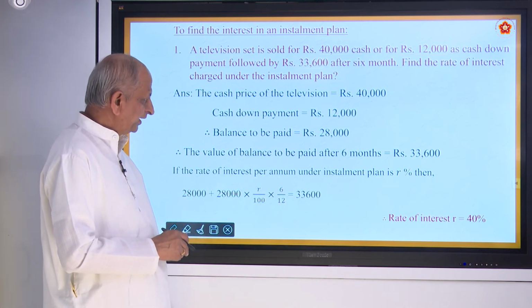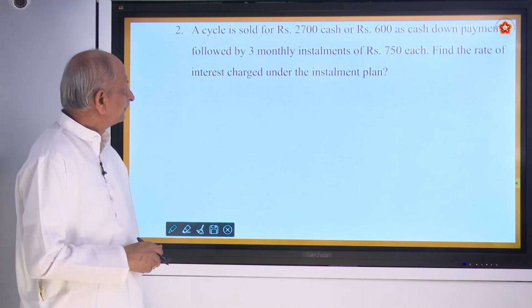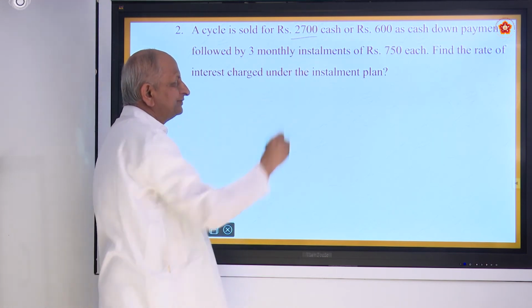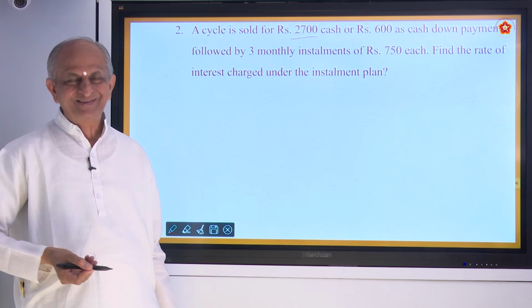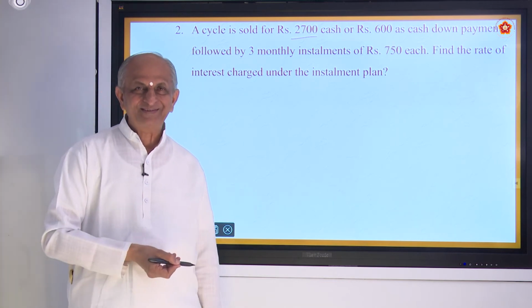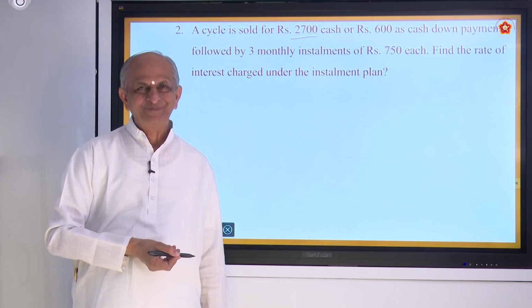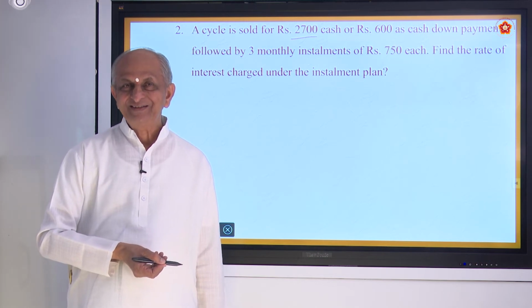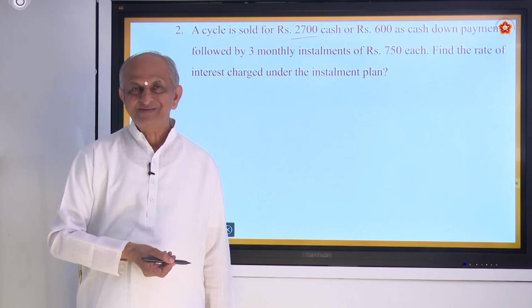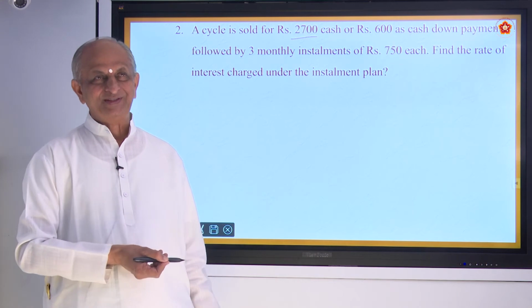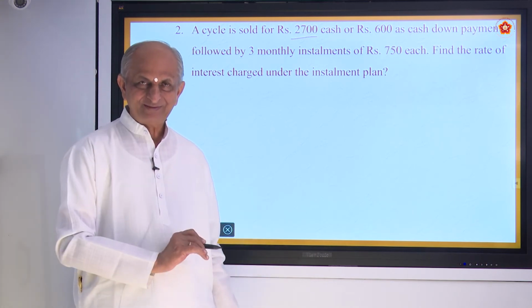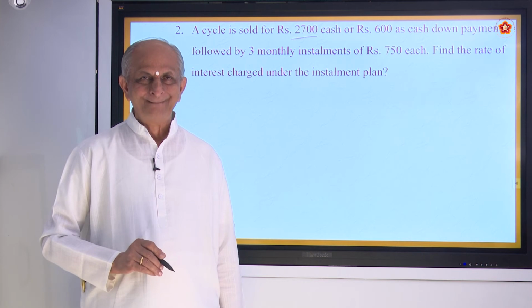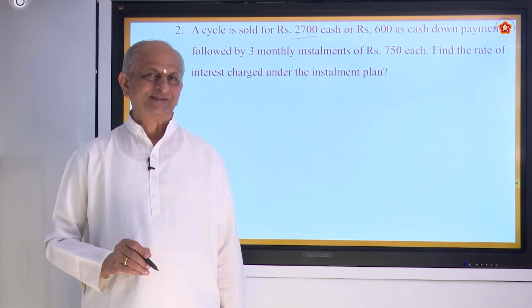Now come on to the second example. A cycle is sold for rupees 2,700. When you say cycle, there are a lot of them. Come on, name some of the cycles. You have Hero, then BSA. Anything else? How many tires will a cycle have? Of course, you may say usually 2 tires, but there are some cycles having 3 tires also, with luggage carriers.